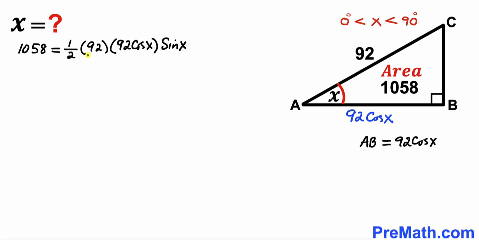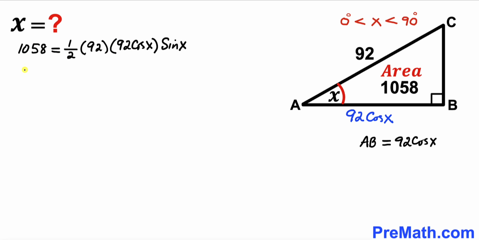Now let me tweak this equation. One divided by 2 times 92 is simply going to give us 46. Likewise, 92 could be written as 2 times 46.